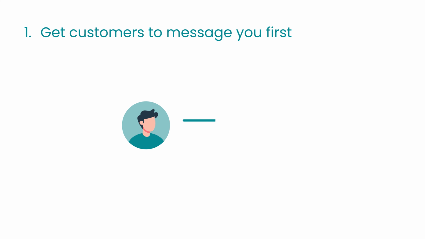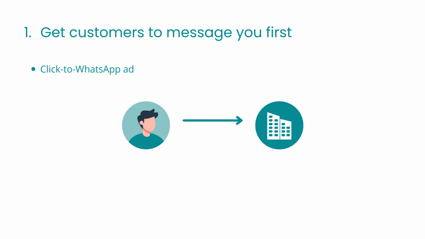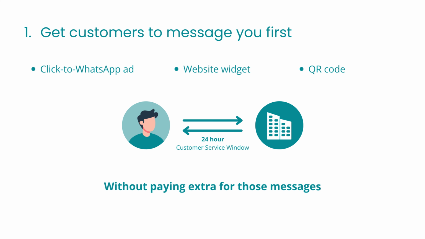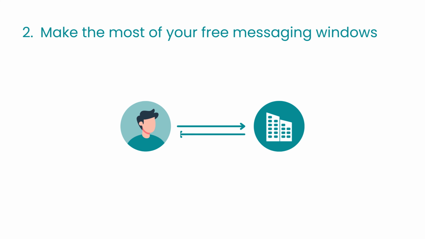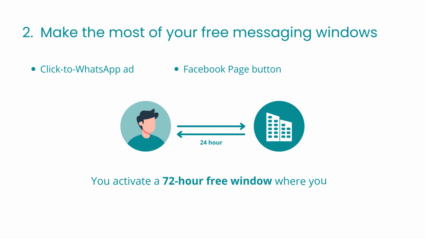When users initiate a chat, like through a click to WhatsApp ad, website widget, or QR code, you can reply within the 24-hour customer service window without paying extra for those messages. Second, make the most of your free messaging windows. If you respond to a user within 24 hours of certain entry points, like CTWA ads or a Facebook page button, you activate a 72-hour free window where you don't get charged for even template messages.